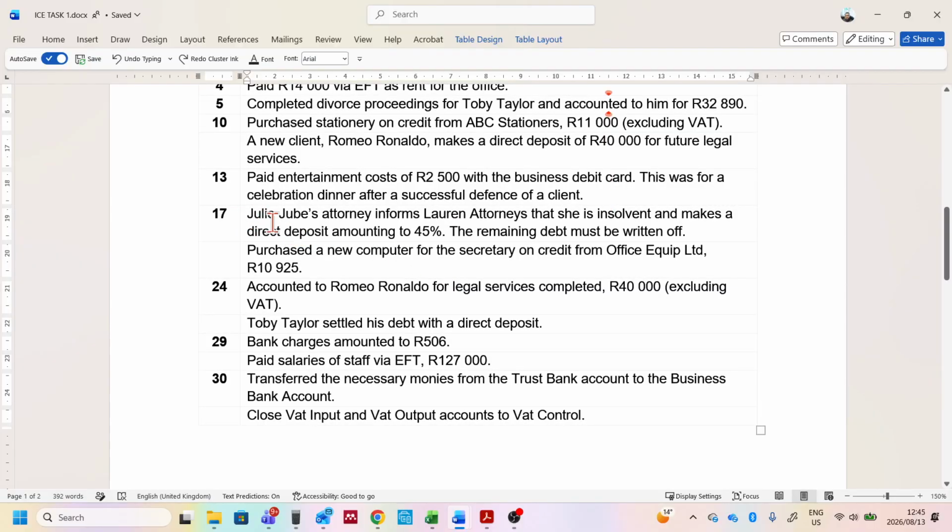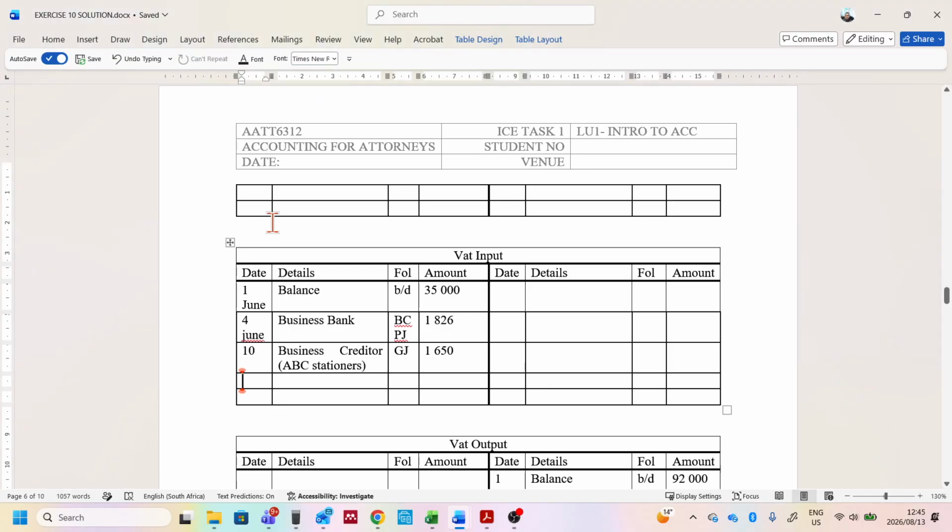The one on the 17th: when a customer can no longer pay you, it means that also the VAT output that we're supposed to pay to SARS, we can no longer pay to SARS. Sorry, if we've already paid it to SARS, we have to claim it back. So this means that this also has the VAT input. So you're going to see on the 17th, the reason we are having this VAT input is because of what?